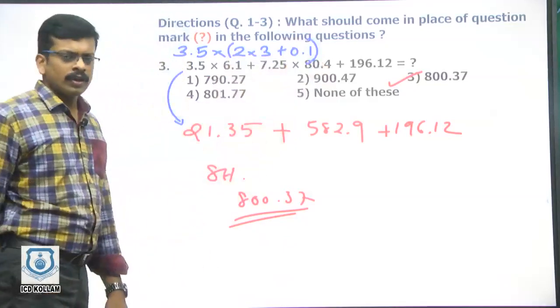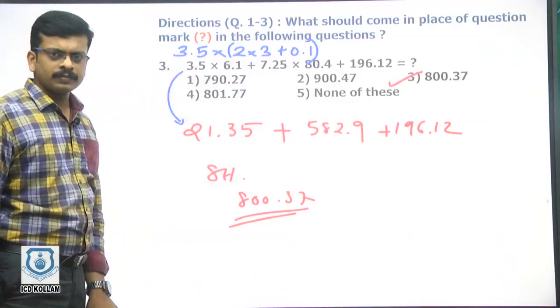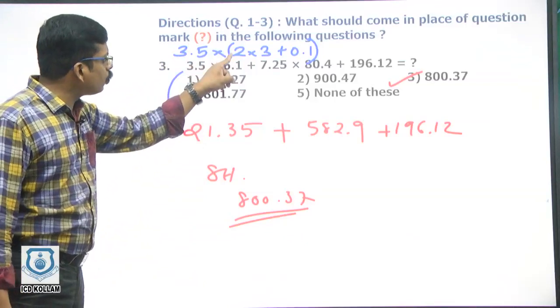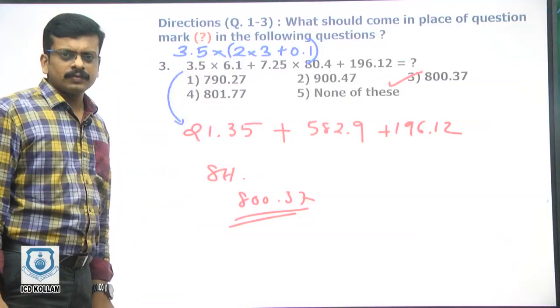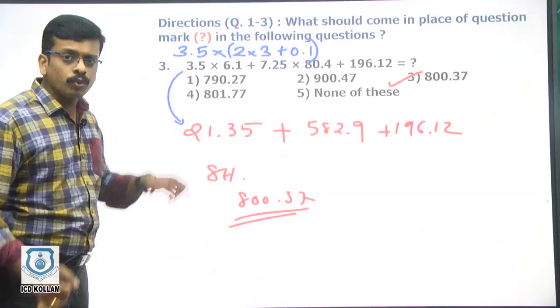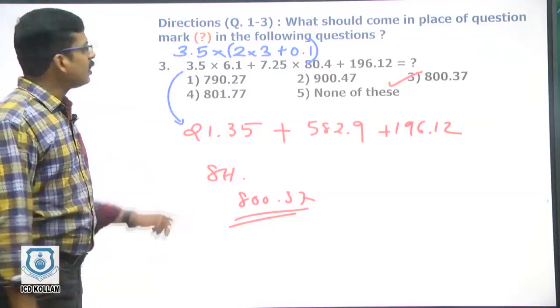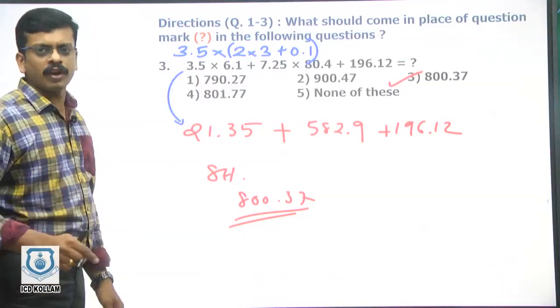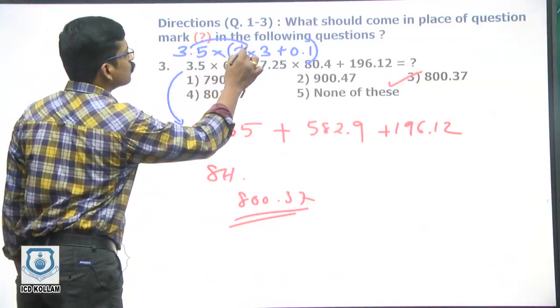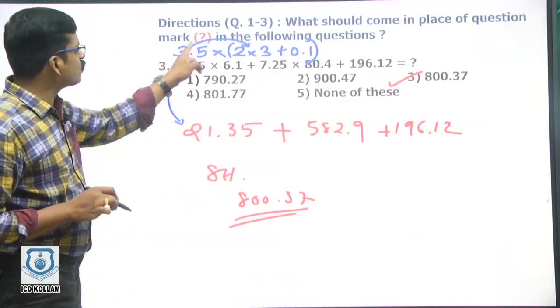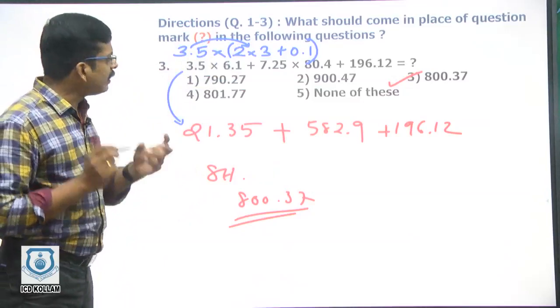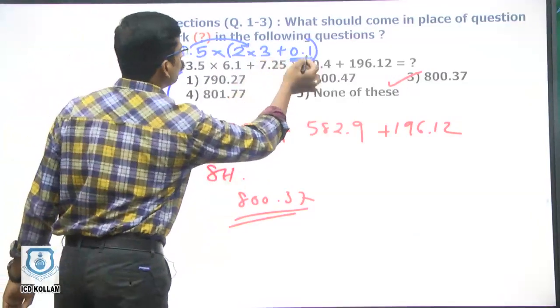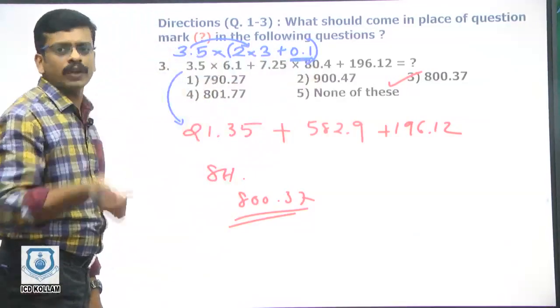You know the multiplication step. 3.5 into 2 into 3 I am taking. 3.5 into 2 is 7. 7 into 3 is 21. So this part I am doing first. Now it is 21.